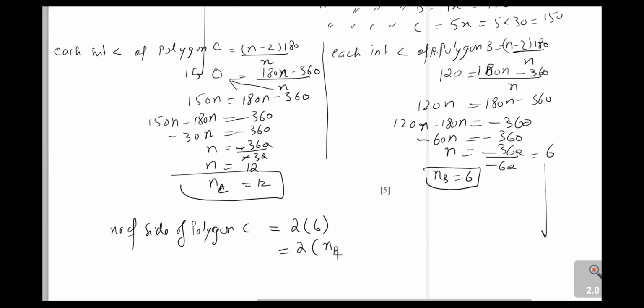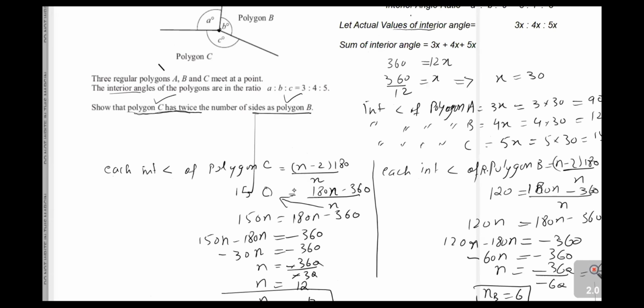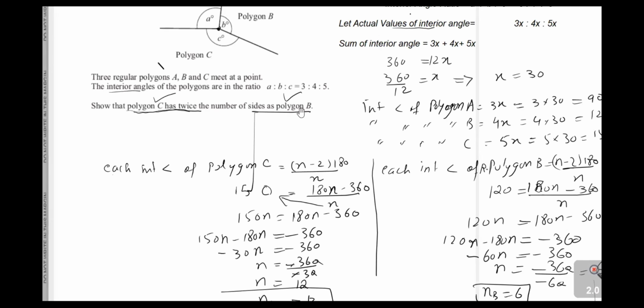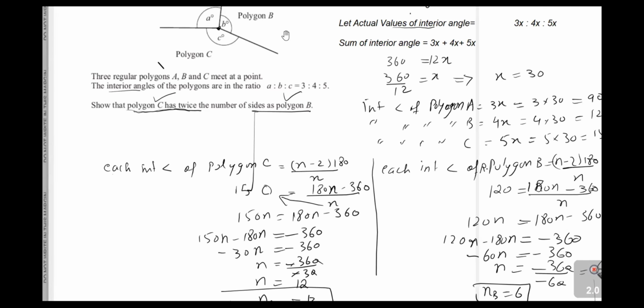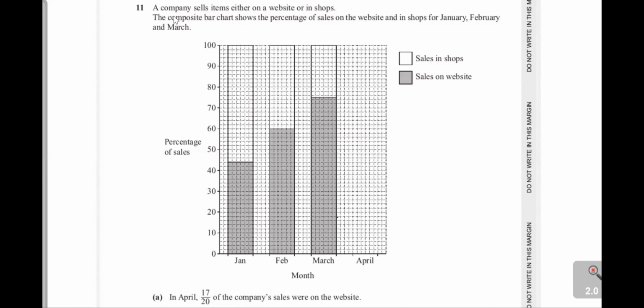We can write 2 into NB. Therefore, NC equals 2 times NB, and this is the proof. Polygon C has twice the number of sides as polygon B. This is the solution.